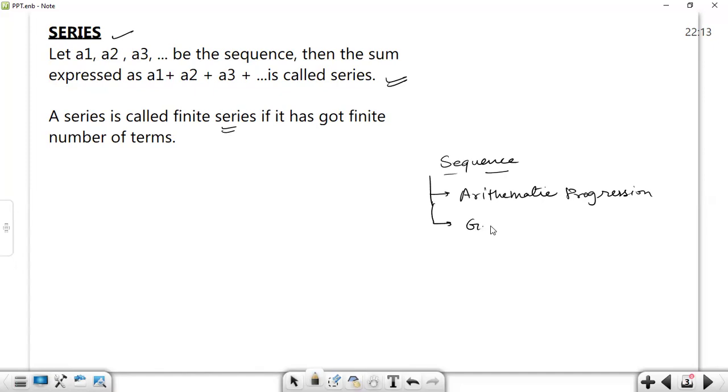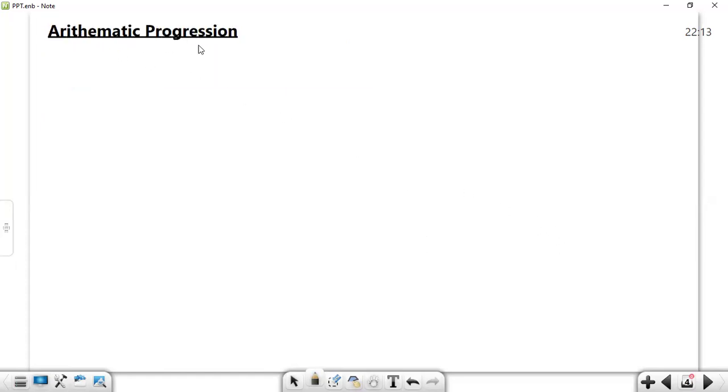Another one is geometric progression, acronymed as AP, GP, and another form, harmonic progression. Its short form is HP. So now let's first discuss arithmetic progression.